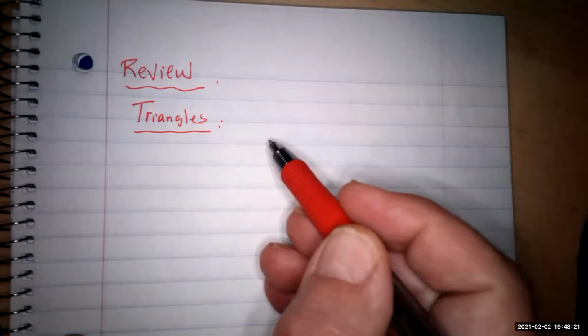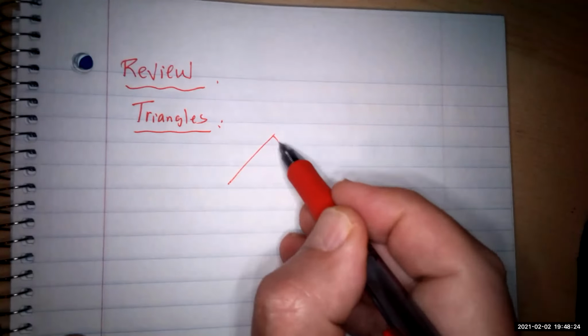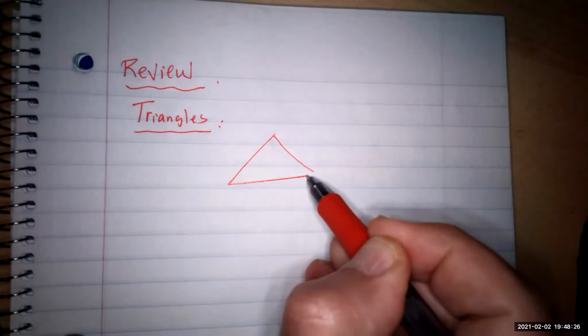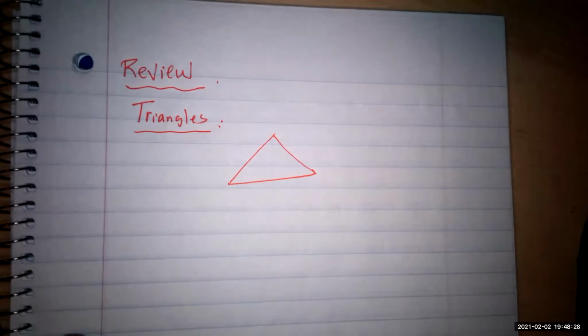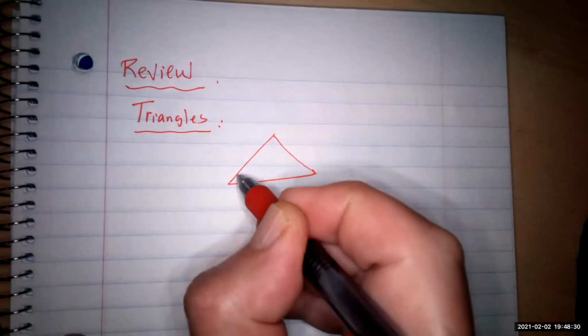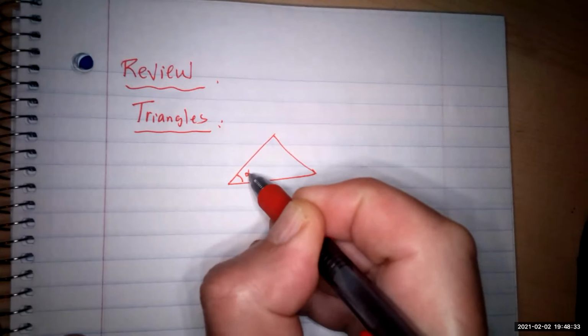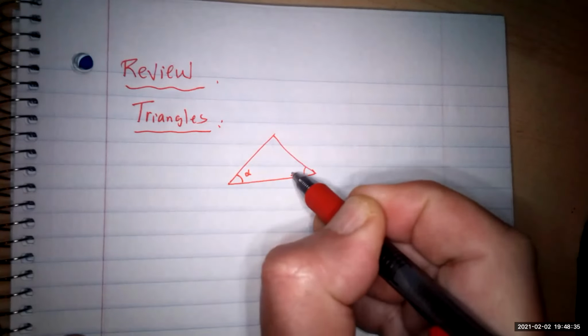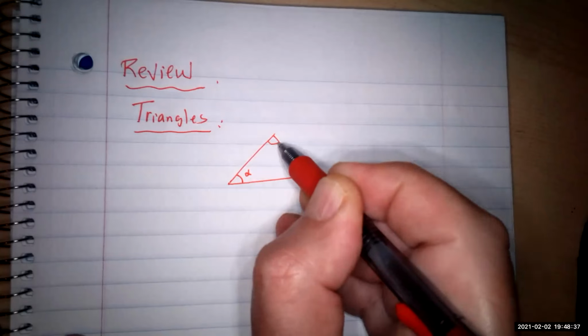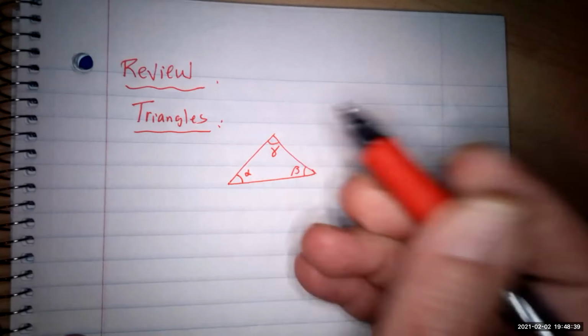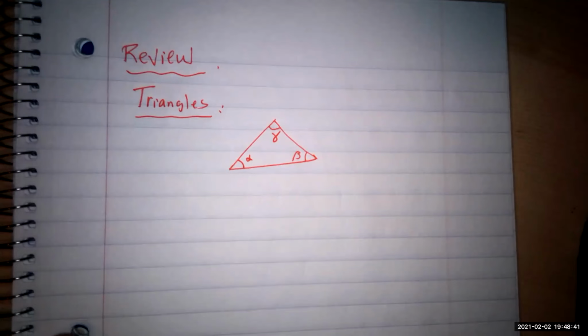There are a couple of things, but the only thing that we really want to know is the sum of the measurements of the angles. So if this is a triangle in general, and you call the angles alpha, beta, and gamma, or you can call them A, B, C, it doesn't matter, whatever you feel more comfortable.